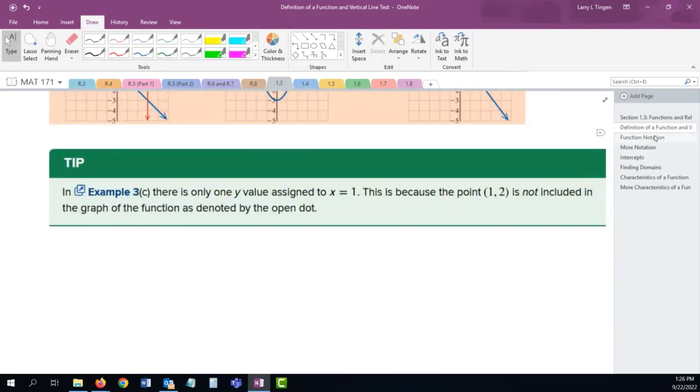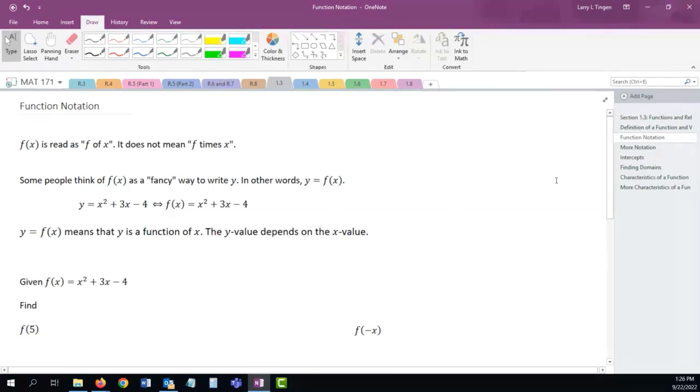So that's the idea. So we've seen a relation in ordered pairs. We've seen some graphs, and we've determined if they're functions. Now let's talk about function notation. So f(x) is read as f of x. Okay? It is not f times x, even though that's exactly what it looks like, right?